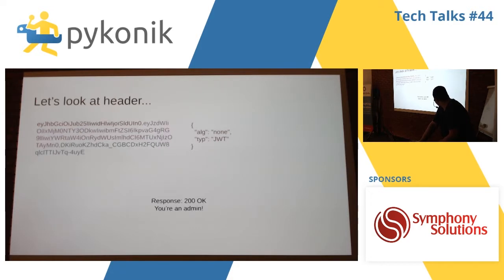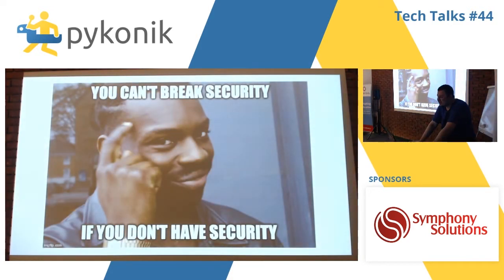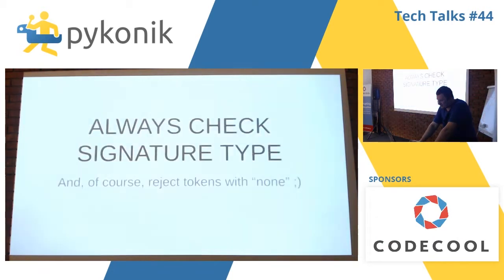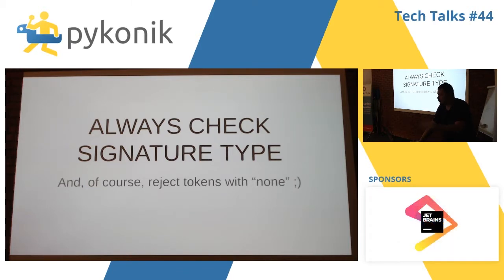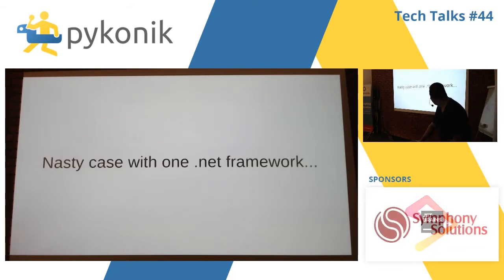So yes, you cannot break security if there is no security, of course. Always check the signature type. If you're writing an application with JSON Web Token, create some whitelist for the signature types, and always check if the right one is used, especially if it is not known.